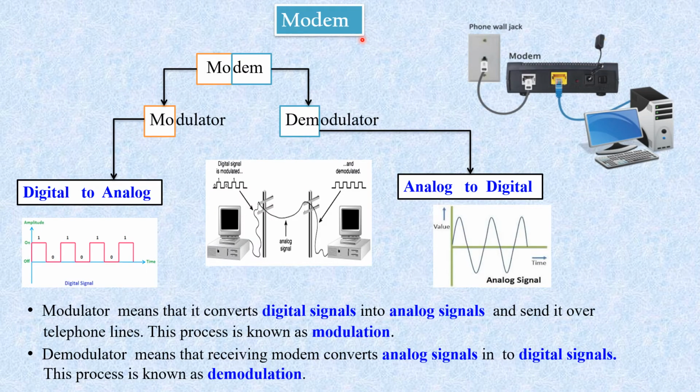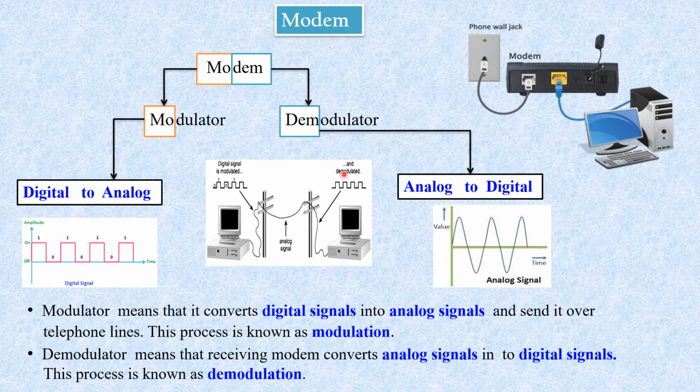The name modem is divided into two parts. Modem stands for modulator and demodulator. What do we mean by modulator? Modulator means it is converting the digital signal into analog, that is from ones and zeros into a continuous signal, so that is from digital to analog.